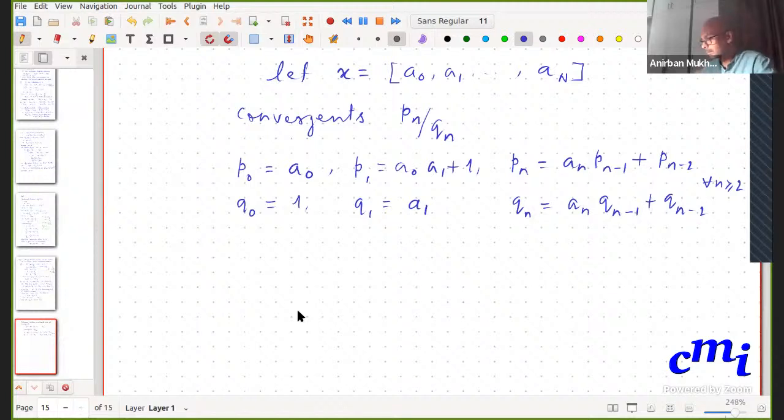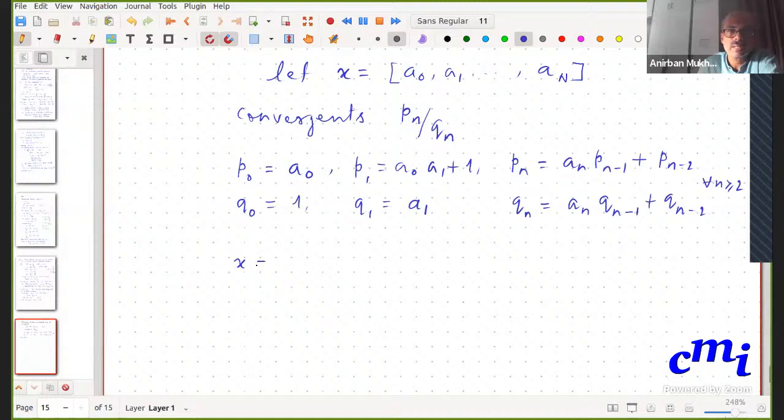So we want to look at the distance between the number and its convergence. And also remember that we have this notation of what is called complete quotients. So just recall that. Okay, let's write it like this.